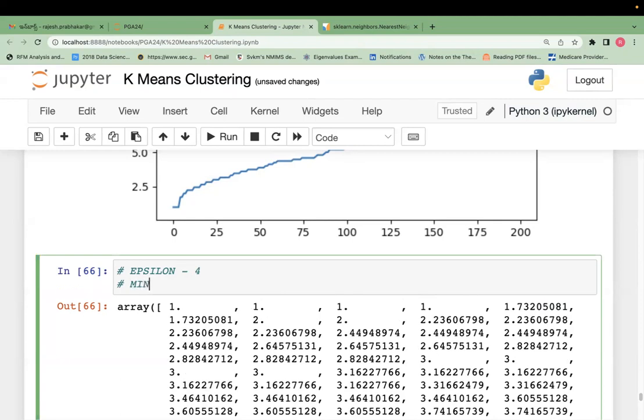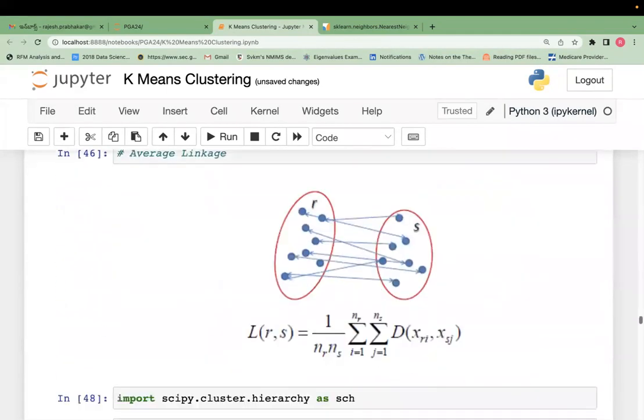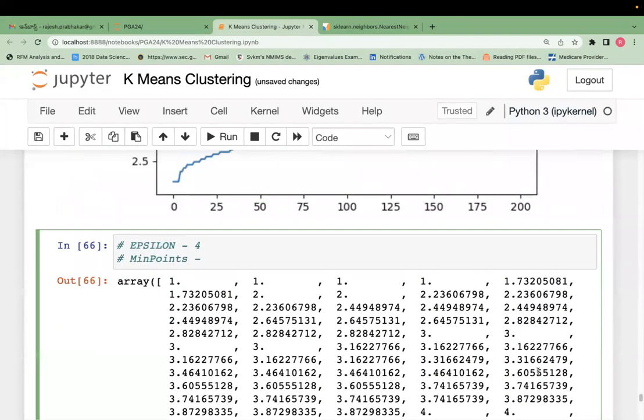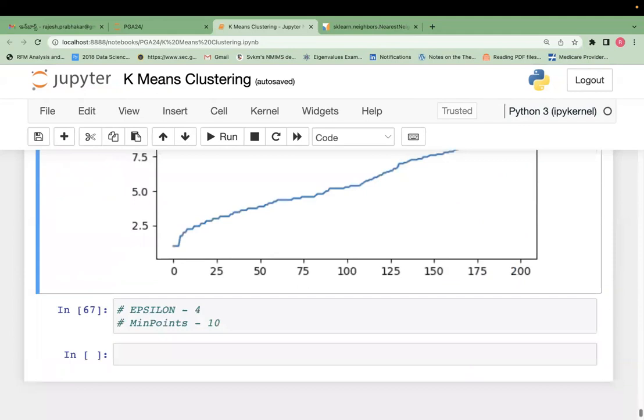For min points, how many variables do we have? 4 variables? No, 1, 2, 3, 4, 5. 5 variables are there, so min points is 10. See, the first change which is happening is what we are bothered about, not the last one. We have to look at the change that is happening around here, the first point at which we see the biggest change, which is around 4 or 5.